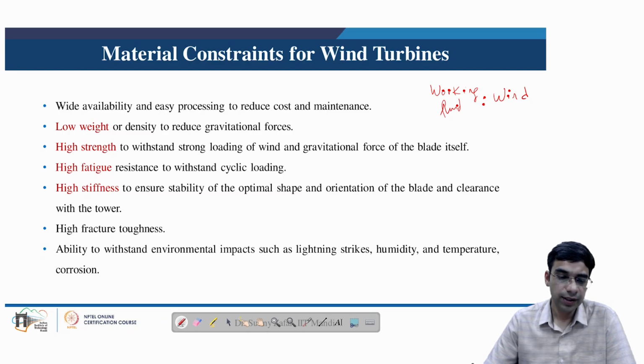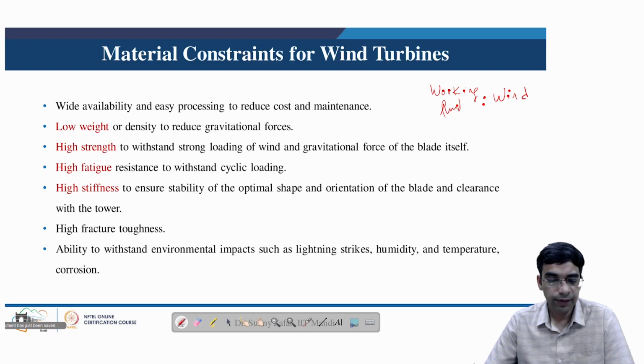We also need materials with high strength to withstand strong loading of wind and the gravitational force of the blade itself. Furthermore, because of the varying wind conditions, there are situations of high cycle fatigue, so we need to select materials with high fatigue resistance, and high stiffness is also needed to ensure stability for optimal shape and orientation.